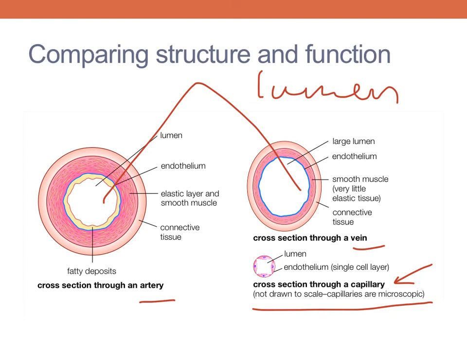Note the differences in the smooth muscle. And just in general, the artery is quite a bit thicker. And then you've got your very small single cell layer of endothelium on the capillaries.